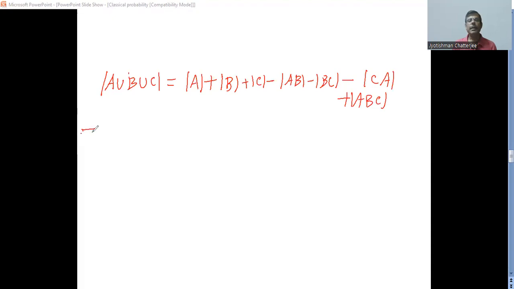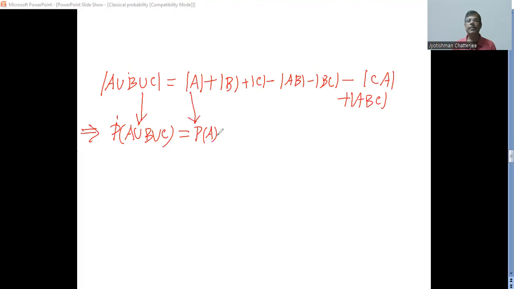Now let's divide by the size of omega. By this time you have seen that it's the standard trick. So if we divide by the size of omega, the left hand side becomes the probability of A union B union C. I'm not writing down that step in detail again. You know what I mean. I'm simply dividing both sides by the size of omega. So this one will give me this term, and then I will get PA.